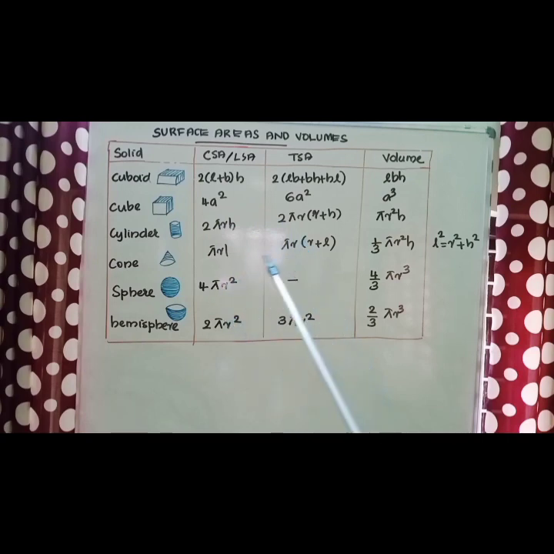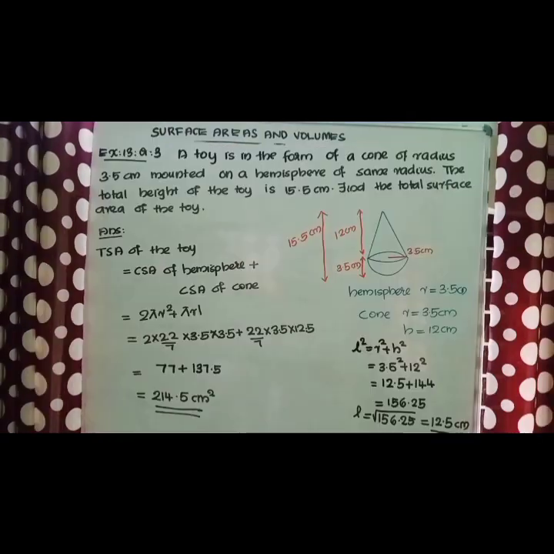Both are the same because it has no separate base and top. The formula is 4πR². Volume is 4/3 πR³. Hemisphere CSA 2πR², TSA 3πR², volume 2/3 πR³.